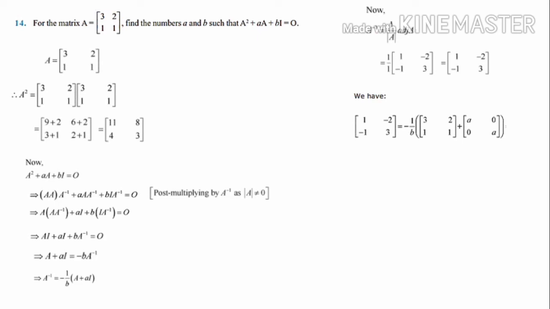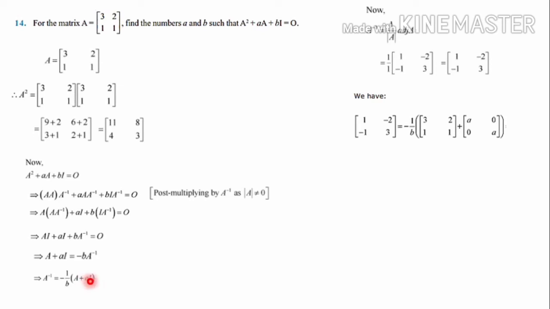Then just substitute here. A inverse is equal to minus 1 by B into A plus AI, that is the equation we have got. Let's substitute it. A inverse we have got as 1, minus 2, minus 1, 3 equal to minus 1 by B into A plus AI. So A is 3, 2, 1, 1, from the given condition, plus A into identity matrix of order 2, that is 1, 0, 0, 1.